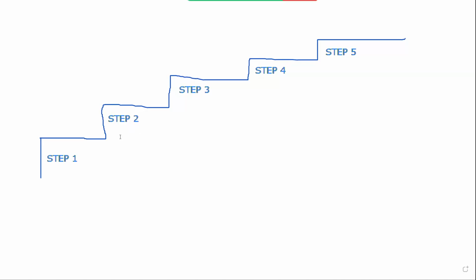So step 1 is monotherapy. So you start with one anti-epileptic drug. I showed you the chart, right? So based on the type of seizure, you start the appropriate anti-epileptic drug. How you start is you start with the lower dose.